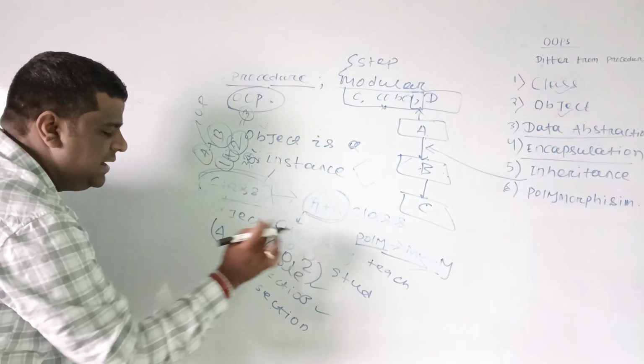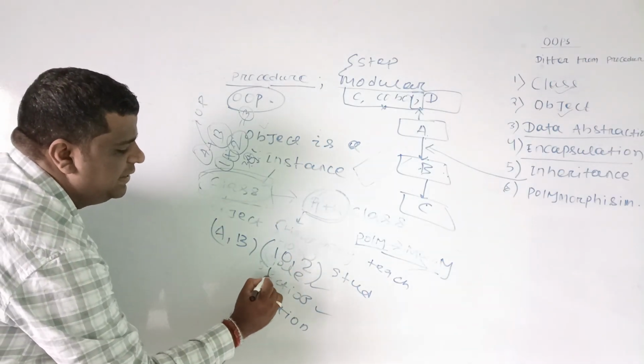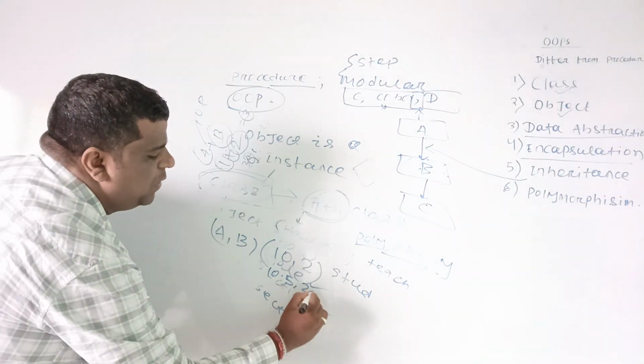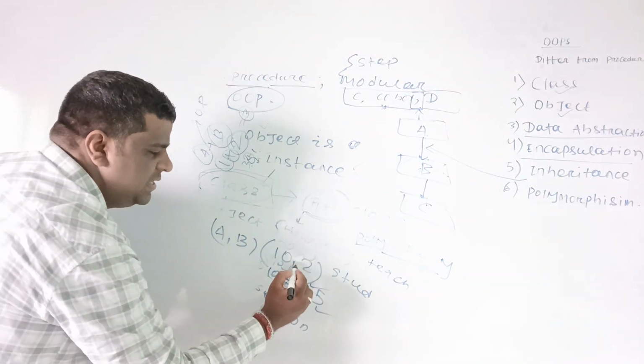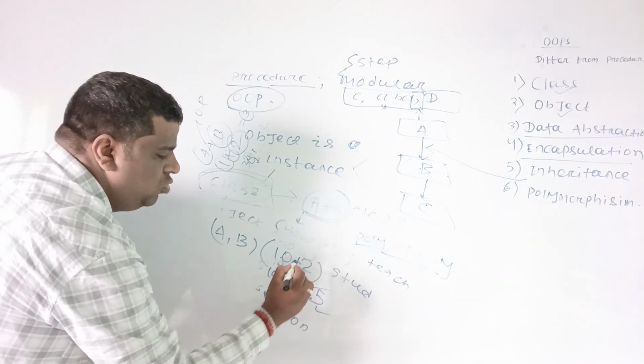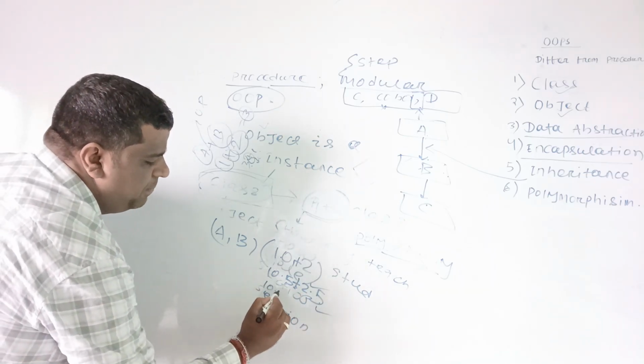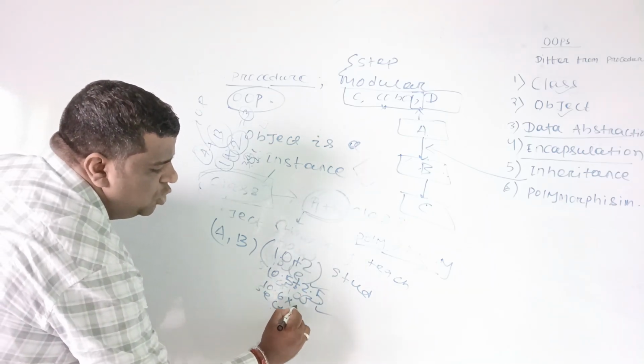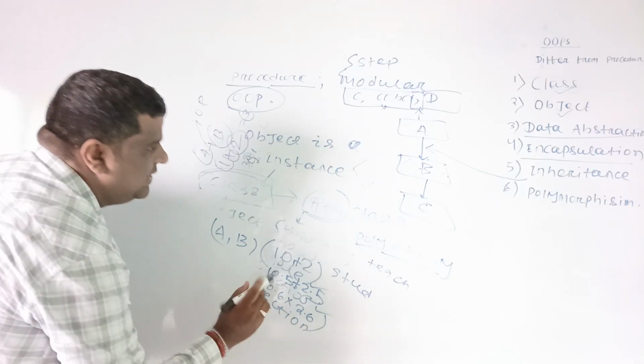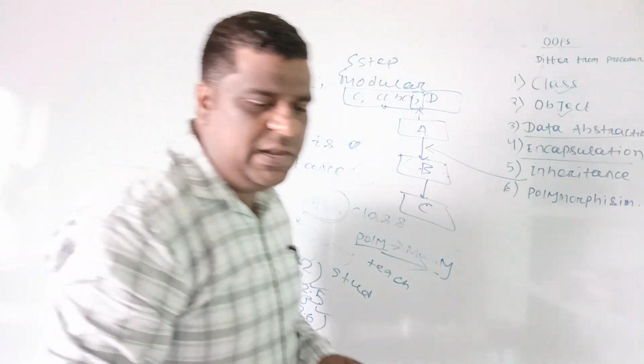Polymorphism means many forms. You can have 10.5 and 2.5, but the purpose is the same: 10 plus 2, 10.5 plus 2.5, 10.6 plus 2.6. That is polymorphism.